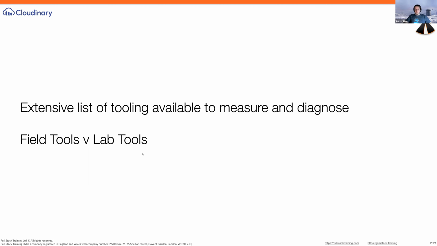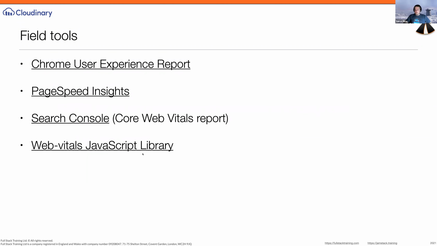Now for the field tools, you may have heard about some of these, but there are things like PageSpeed Insights. There's the Chrome User Experience Report, often abbreviated as CrUX. There is the Search Console, again available from Google, and it also contains the Core Web Vitals report.